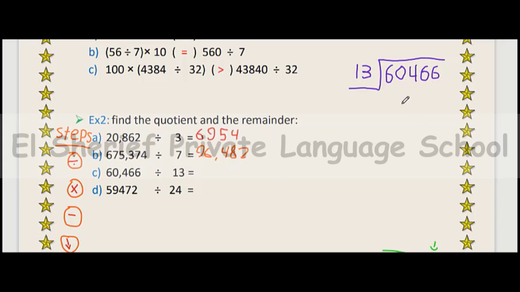First step was divide. 6 divided by 13 can't be, so put 0. So we take 60. From the start we take 2 digits because the divisor is 2 digits. Okay, 60 divided by 13.